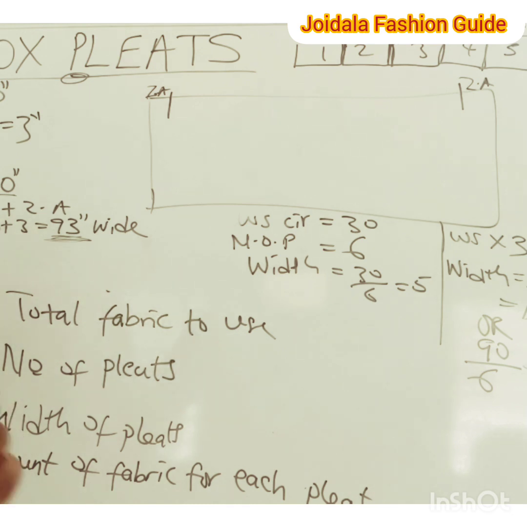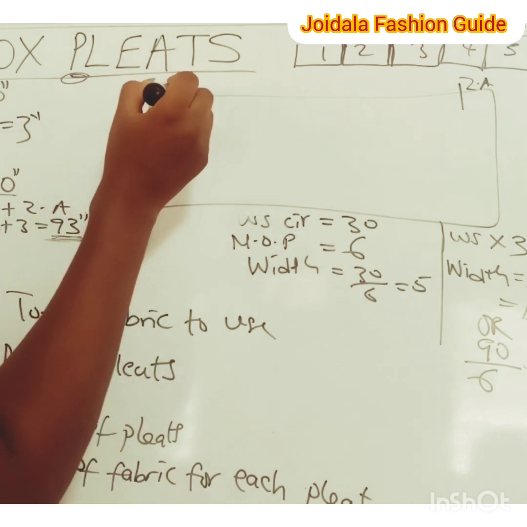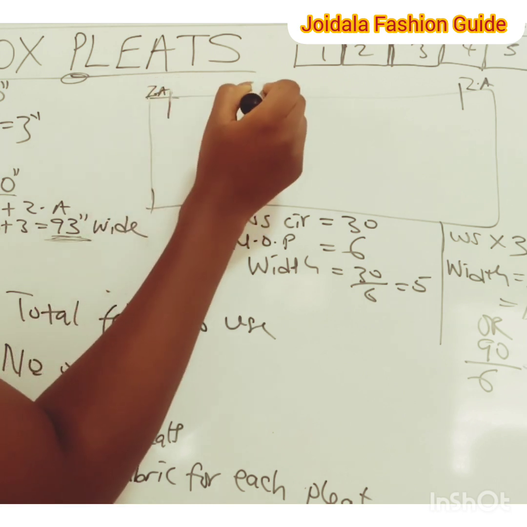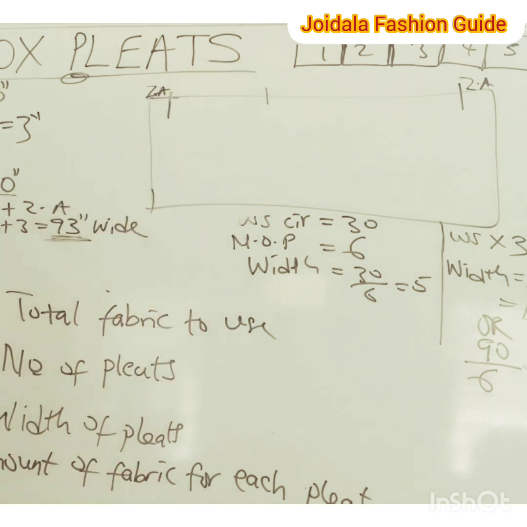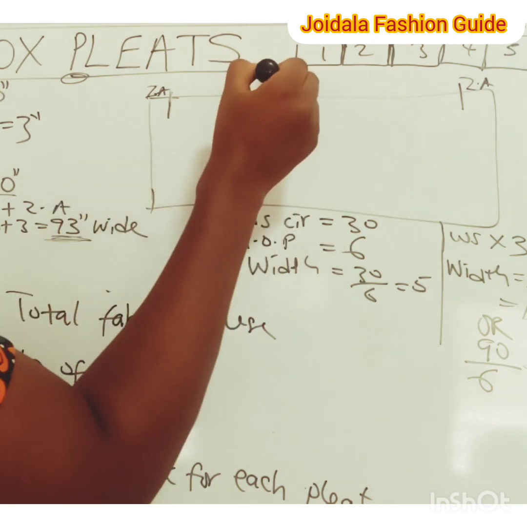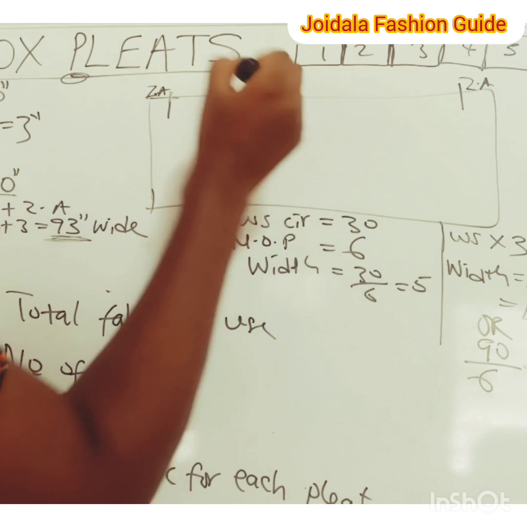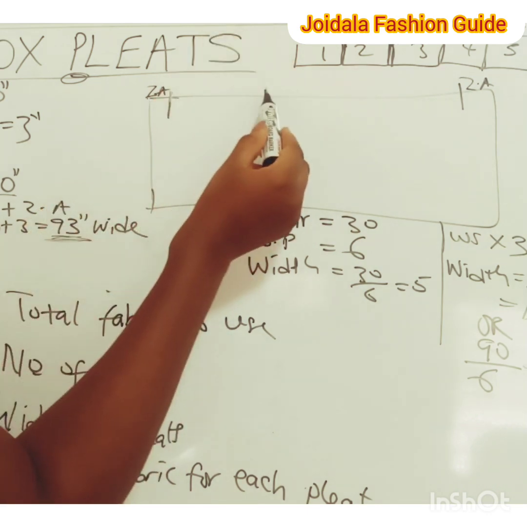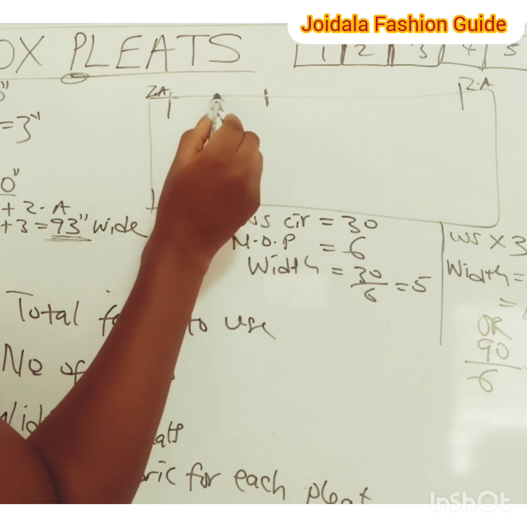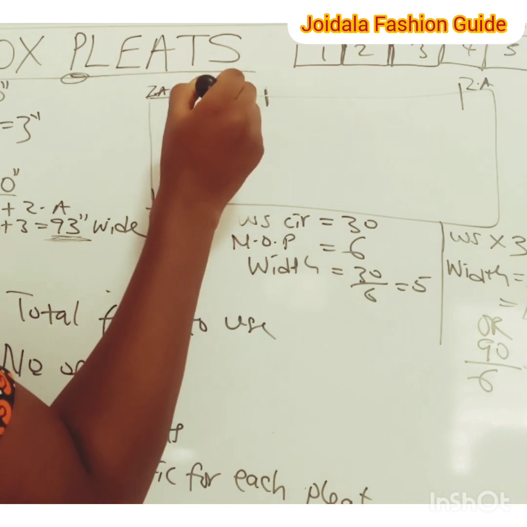Now to form the pleat, from this zipper allowance on your fabric, you will mark 15 inches. I'm going to show you on fabric, but I want to explain first. So after marking 15 inches like this, then you get the midpoint of 15, let's say somewhere here.